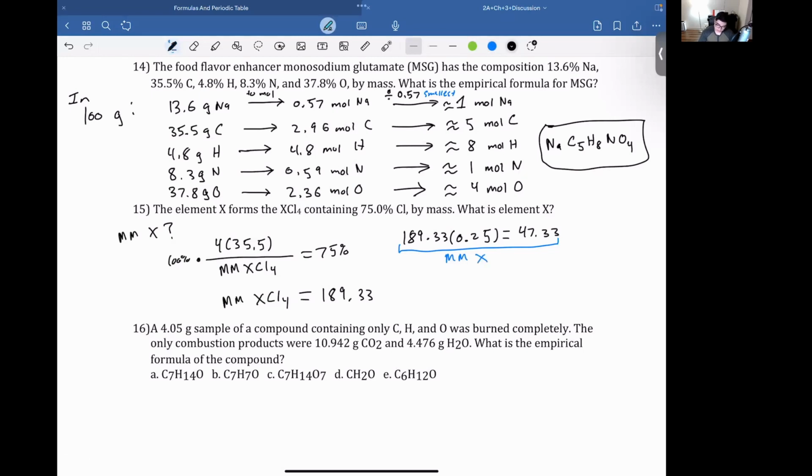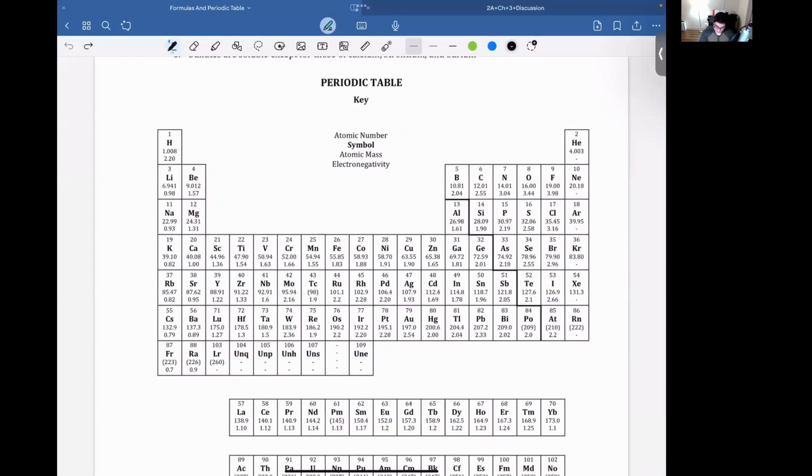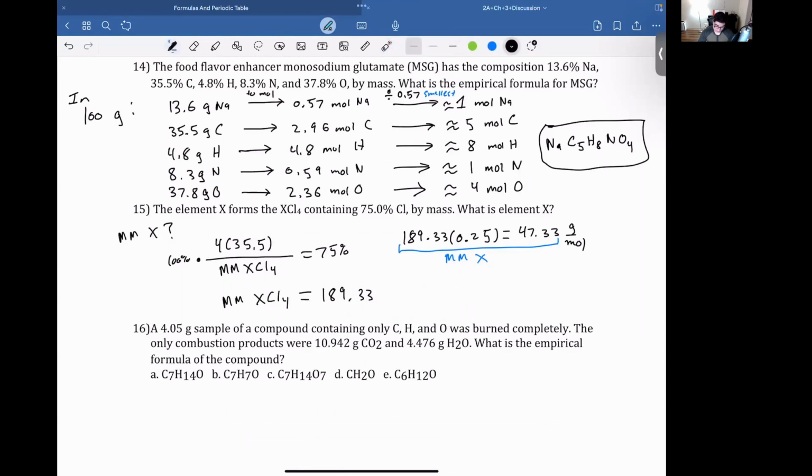And then we get to look at the periodic table. So what has a molar mass of 47.33? The closest one that I see is titanium, at 47.9. So let's go with titanium. And that should be your answer.